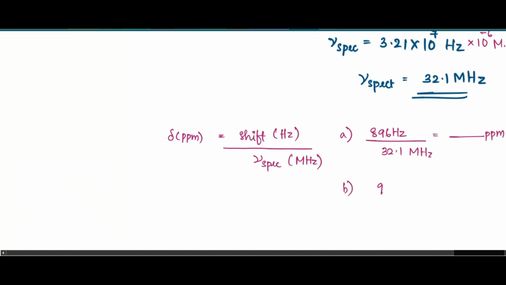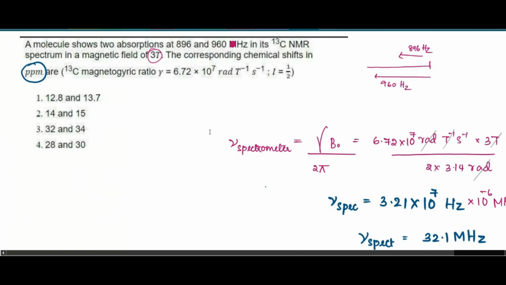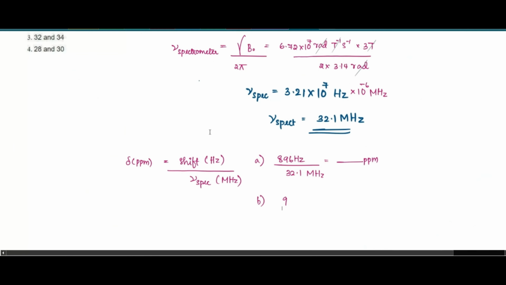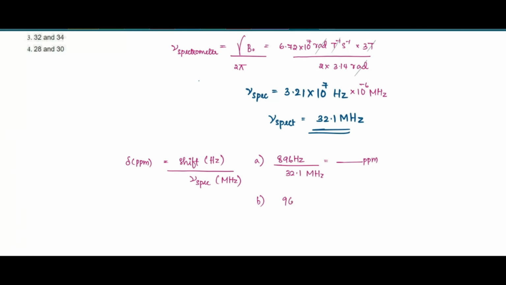And second, 960 divided by 32.1. So you will get approximately 28 and 30. Okay.